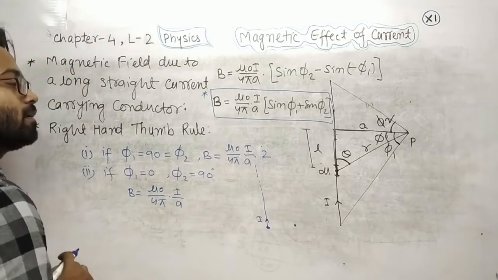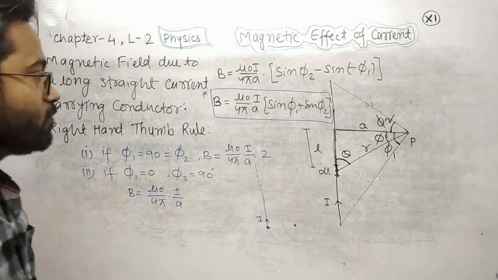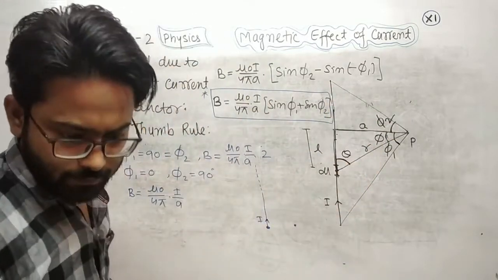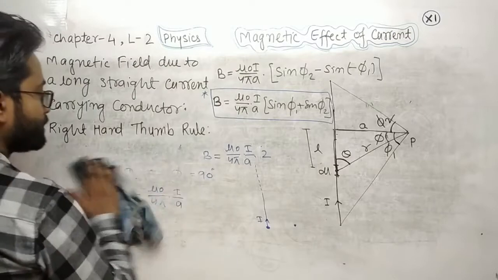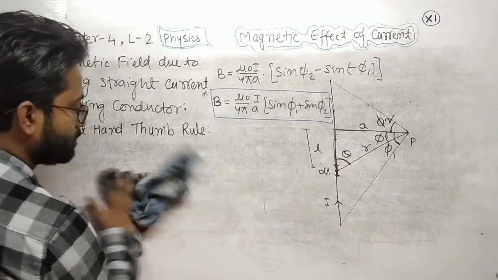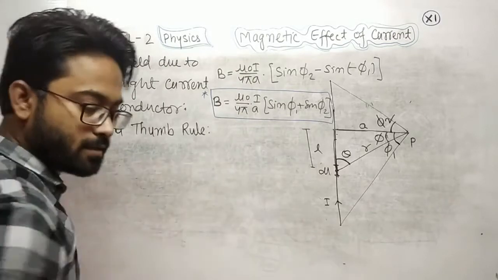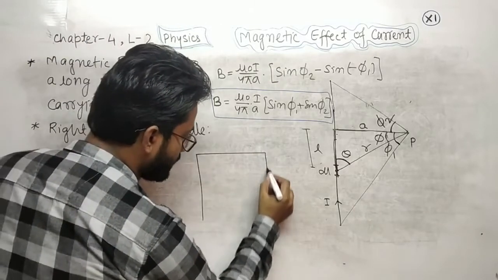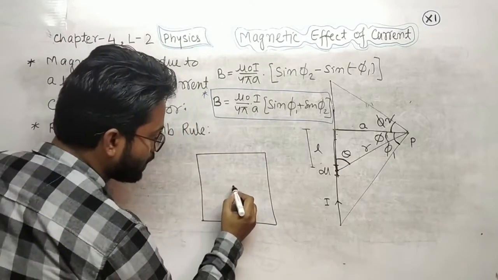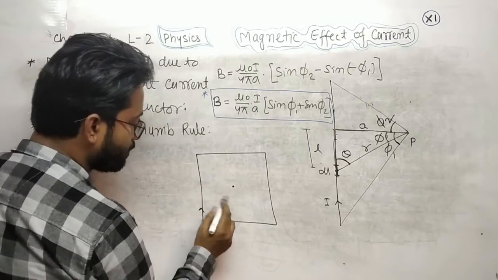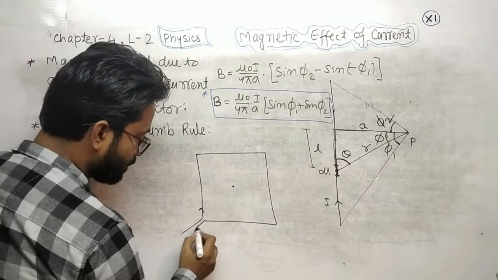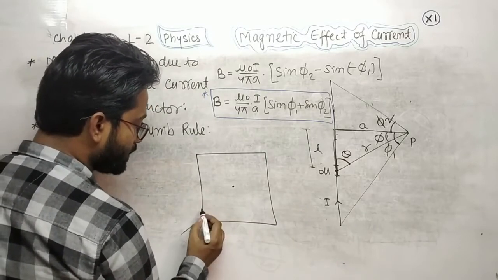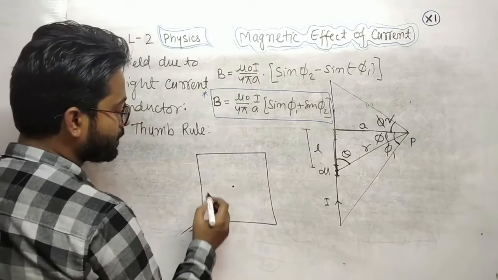This is the result. If you have 45 degree, for example, we need to calculate magnetic field just for numericals. This is a square and current is flowing in this direction and we need to calculate magnetic field at the center.